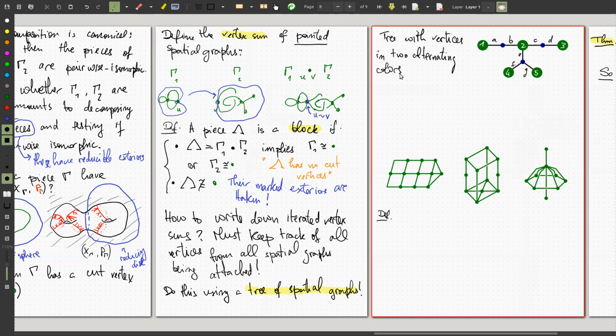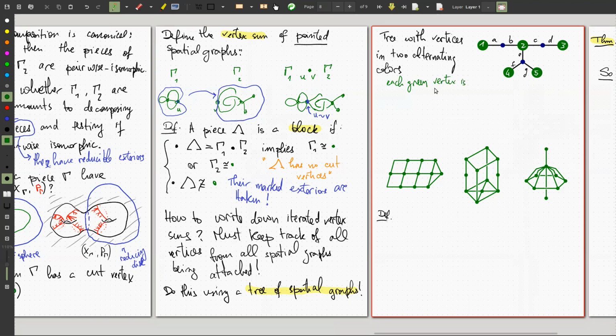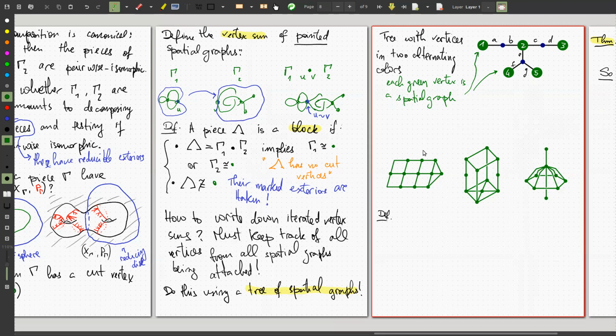And so what is this telling me? Each green vertex is a spatial graph. These things here represent spatial graphs. You see that I numbered my green vertices with numbers from 1 to 5, and I have a few spatial graphs that I put down here.